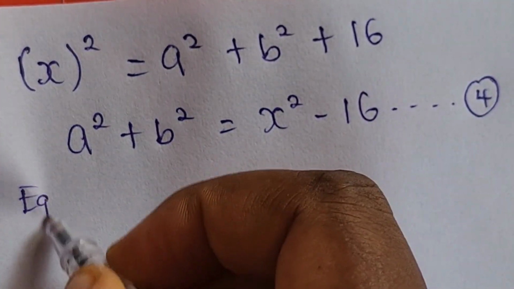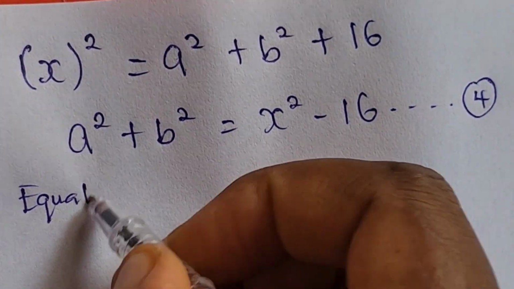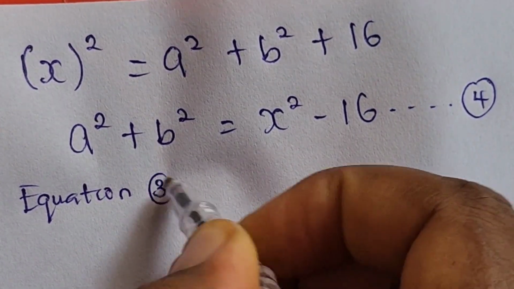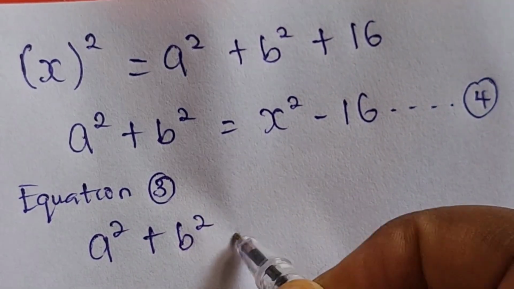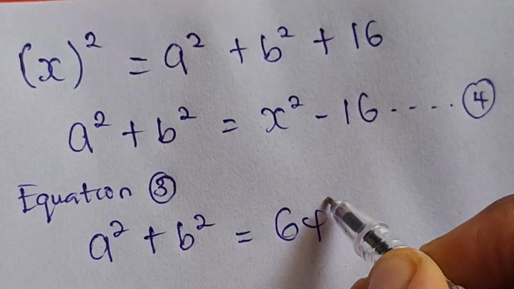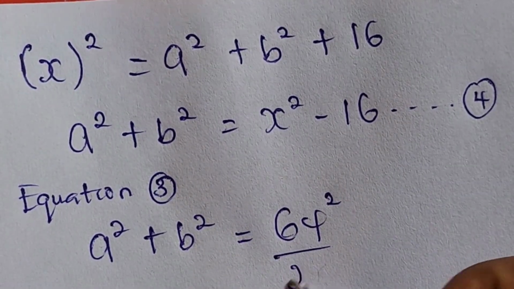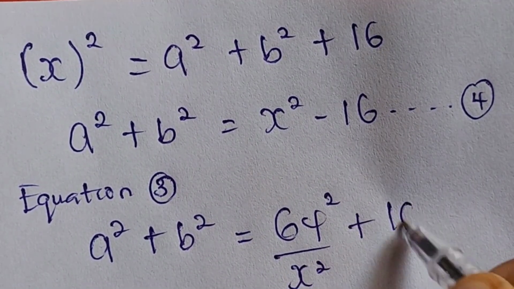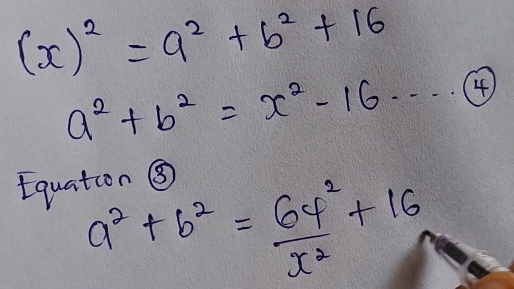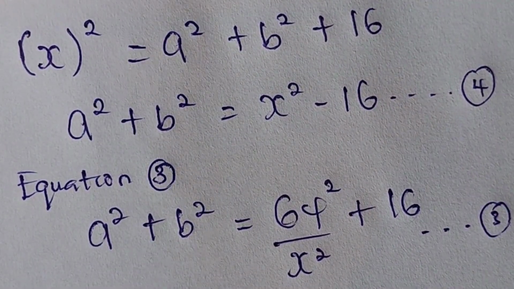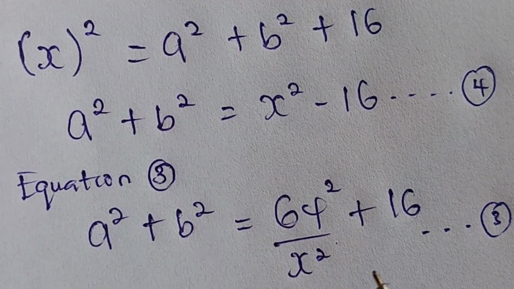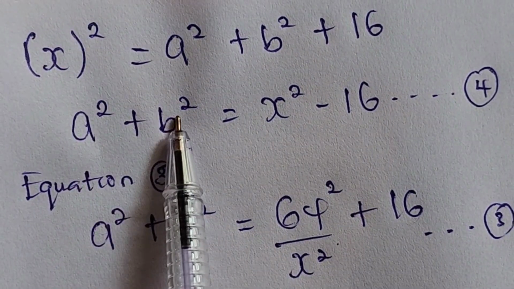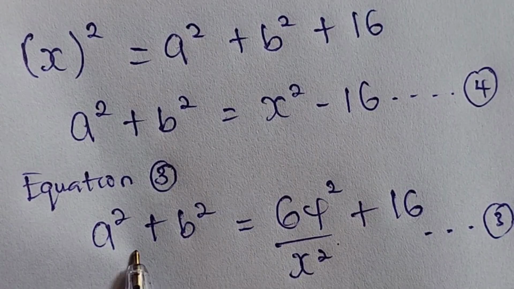Now let's recall equation 3, where we have a squared plus b squared equal to 64 to the power of 2 all over x squared plus 16. So we'll be equating these two equations together. A squared plus b squared is the same as the left hand side here.